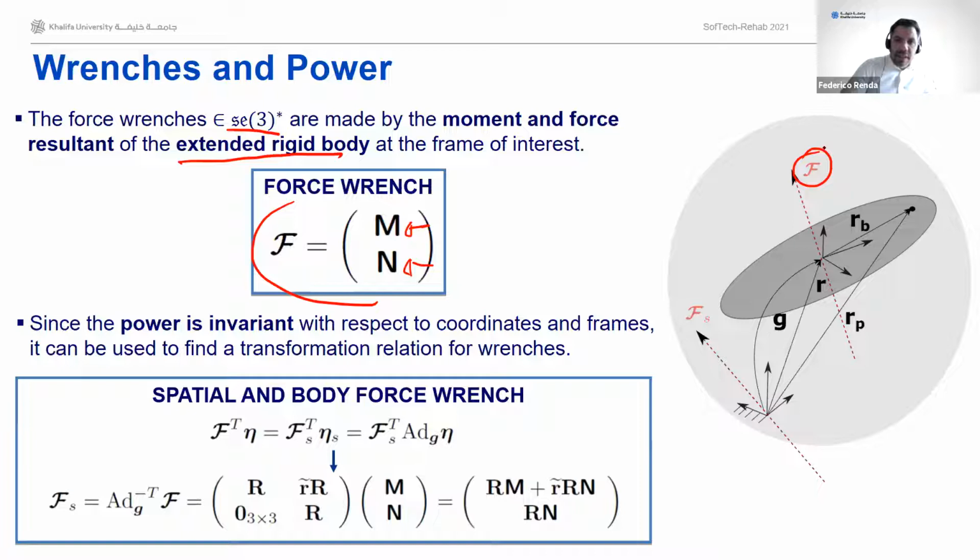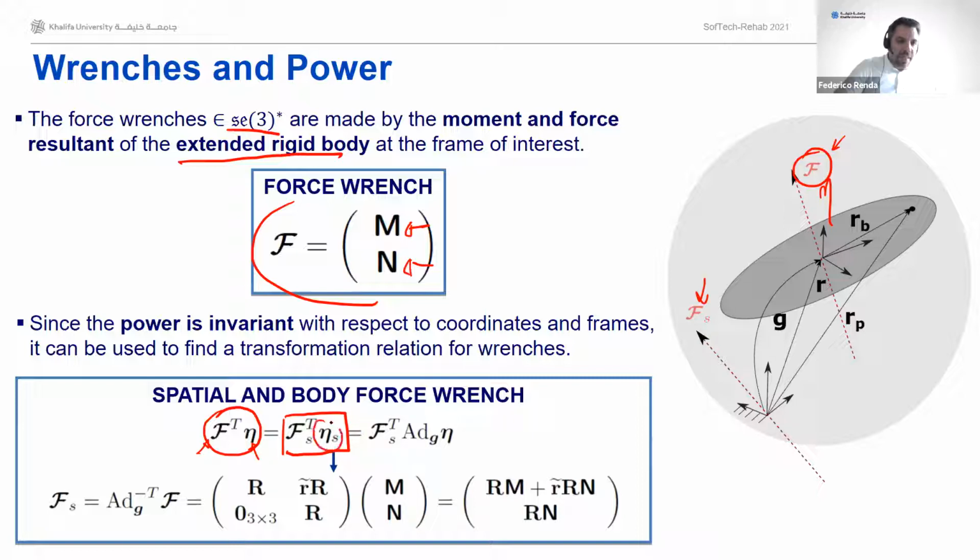Now, how do we see how these wrenches transform from one frame to another? There are many ways. One of them is to use the power. Here we are taking the dot product between your wrench and the twist in the same frame, f and eta. This has to be invariant with respect to coordinates and with respect to frame. Which means that the same wrench dot product to the twist in, for instance, the spatial frame needs to be the same.